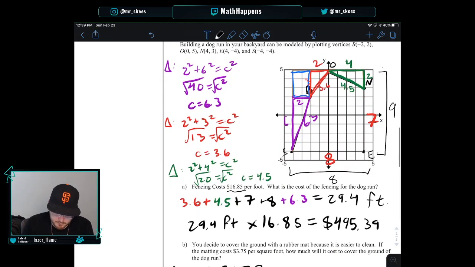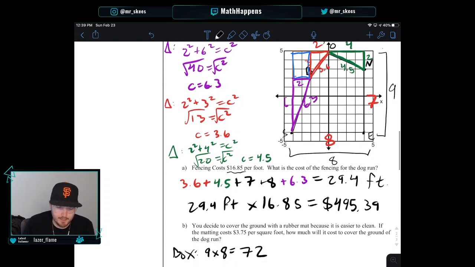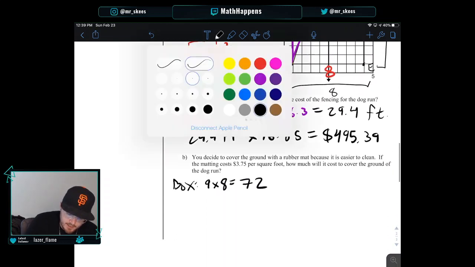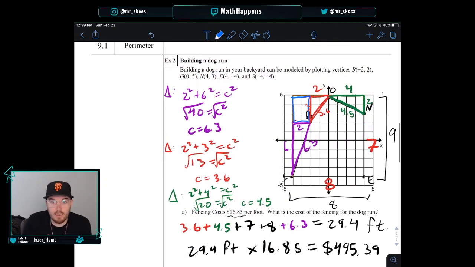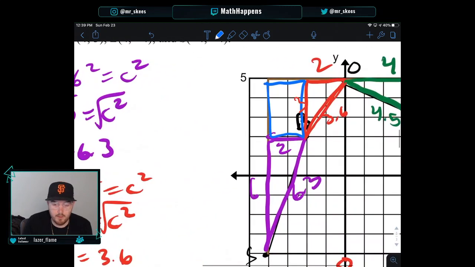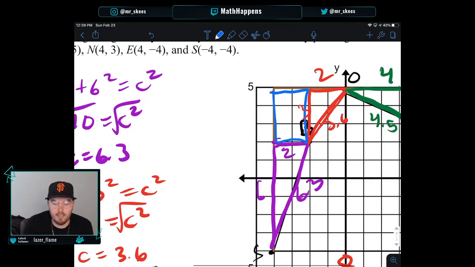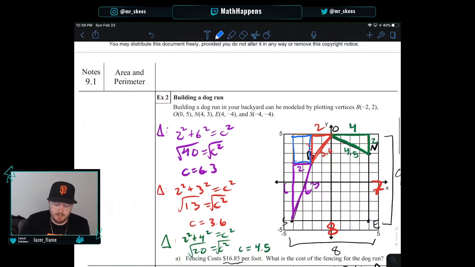So let's subtract it away. The area of the blue box, we've already got everything labeled. If you labeled everything with me, if not, take a minute here as I stare at it to label that. It's 2 by 3, so the area of that box is 6.